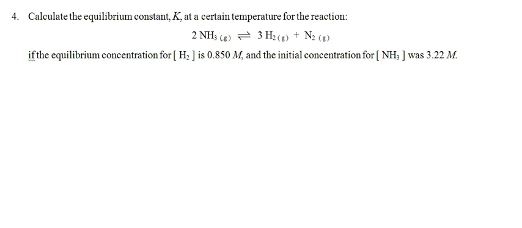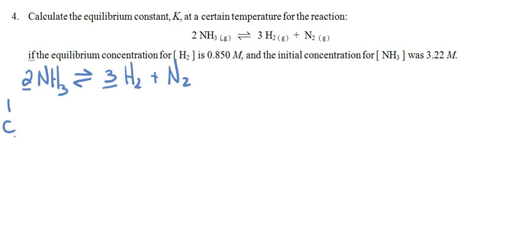I want to make sure that you still understand that I want you to be able to make ICE charts and understand that there are some cases where you can't use the 5% rule. So let's go ahead and build an ICE chart. So we have 2 ammonias. And again, this has nothing to do with acids and bases. This is just making sure you know how to write your expressions correctly and write your equations.